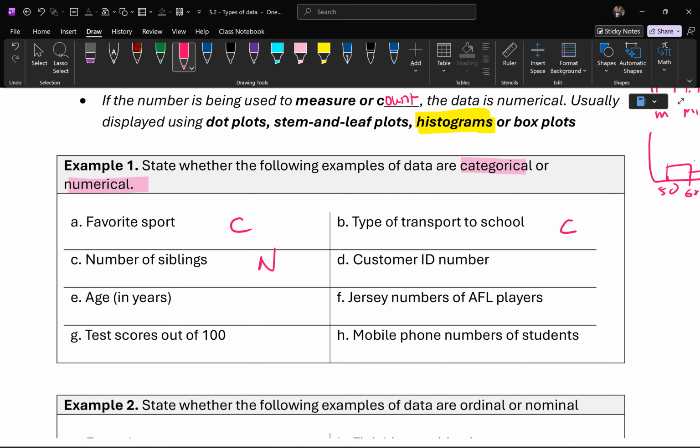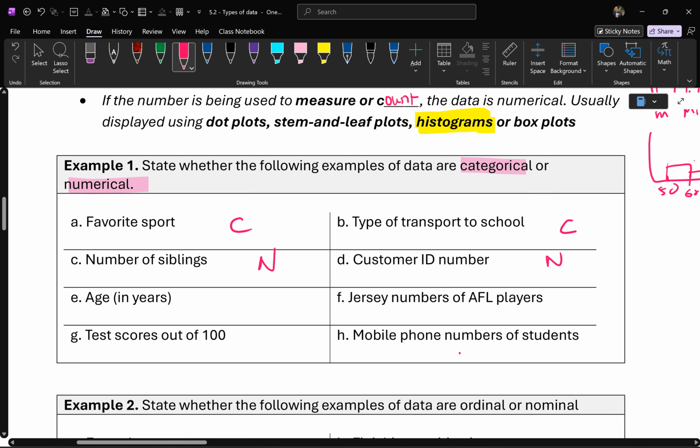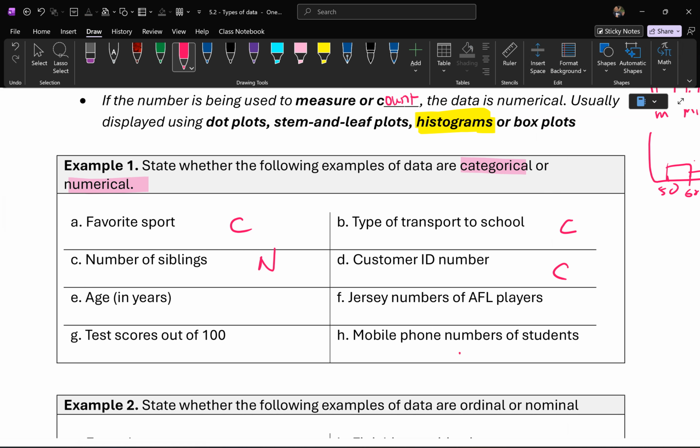Most students think it's numerical. Remember, if I added these IDs together and I found the mean, what does it mean? If it doesn't really mean anything to you, it doesn't make sense, then there's something wrong with the data. Yeah, mean is one of the best ways to decipher if that data is something that you can use or something you can't. So customer ID actually, as a trick, oh sorry, not N, it's C, categorical.